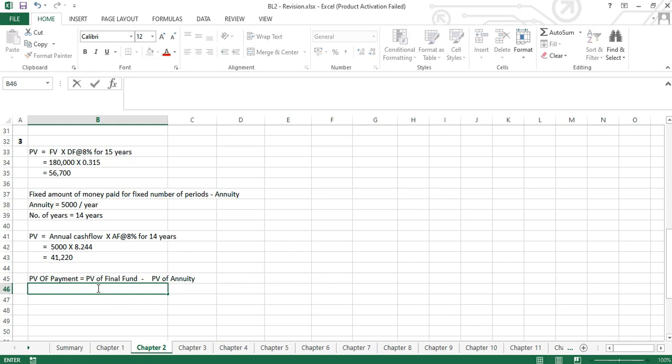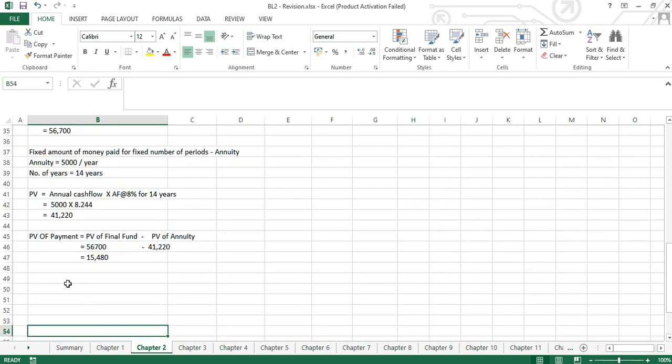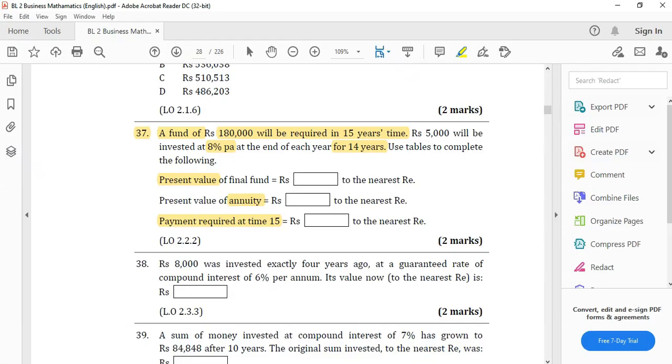So your final fund balance present value we found was 56,700. The annuity balance was 41,220, which gives 15,480 as our total payments present value. But this is the present value. They ask for the future value because they want the payment at time 15.